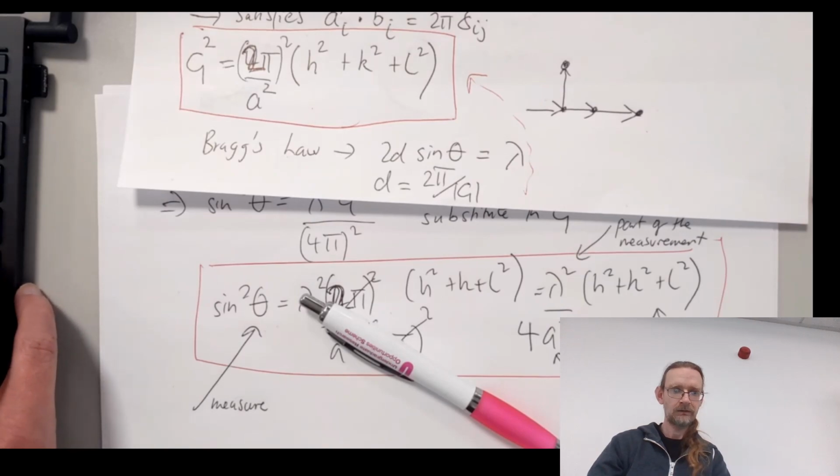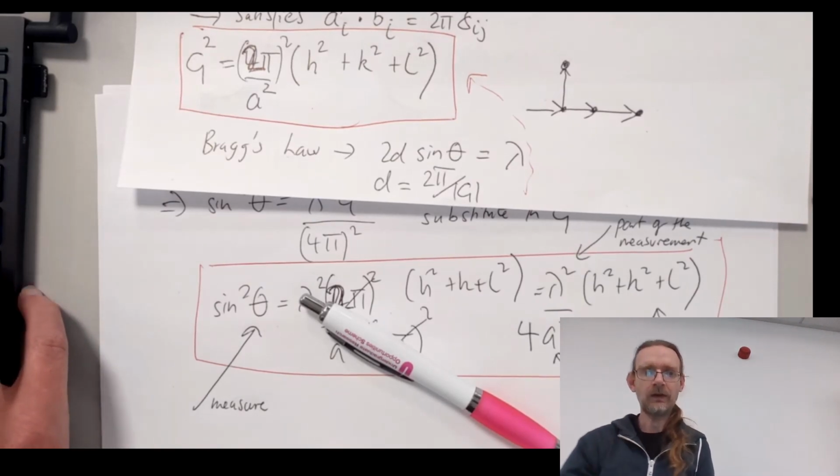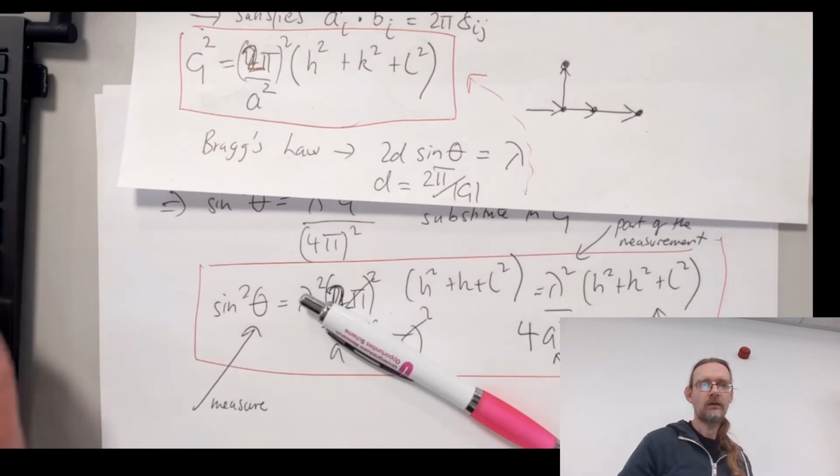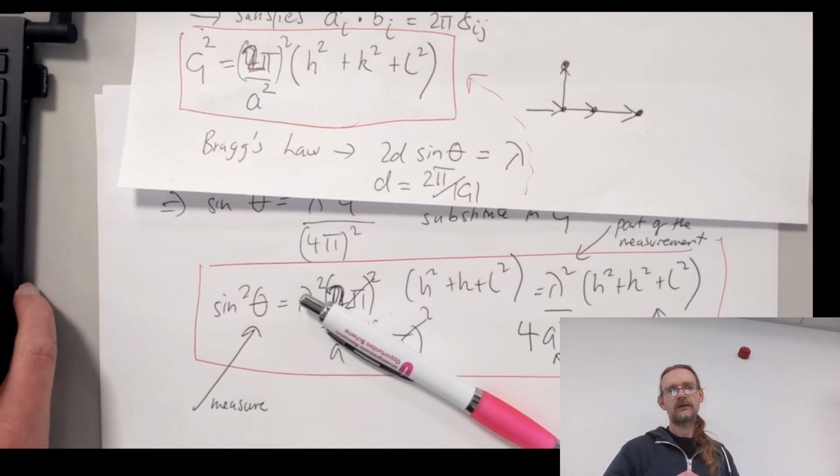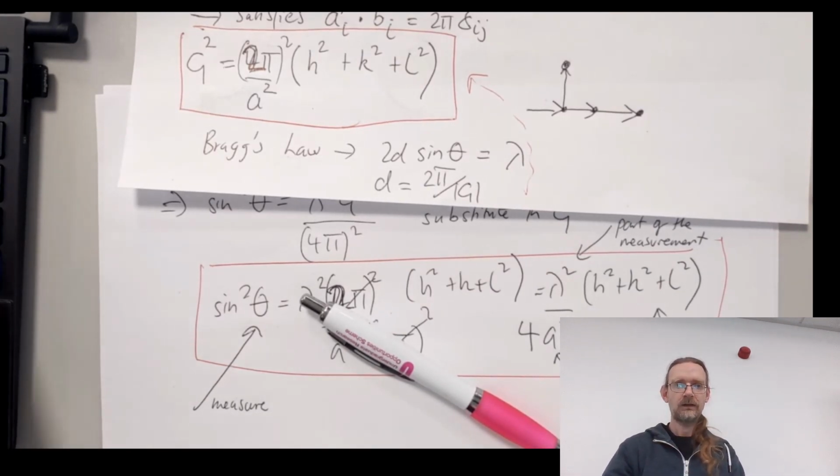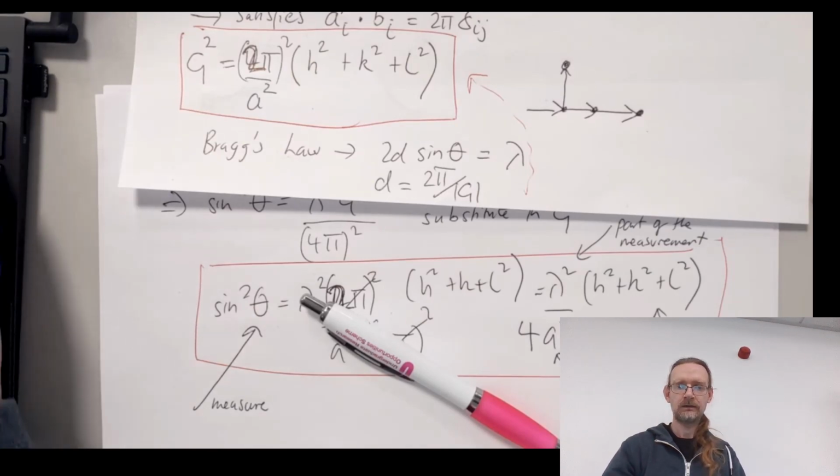So we've got a series of angles at which we get reflections.